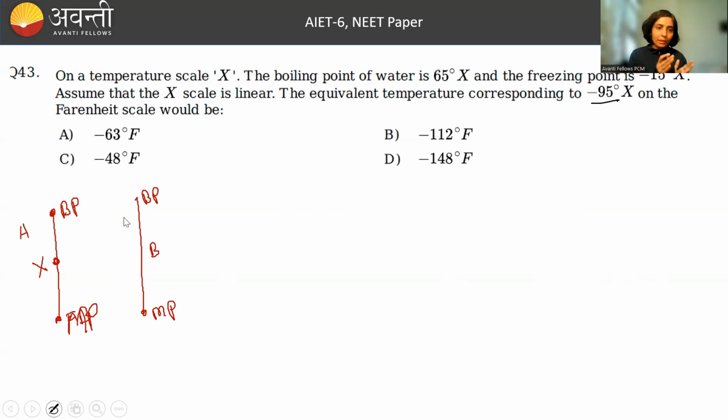So if we have to convert X to values in scale B, how will we do that? See, we write the formula like this.